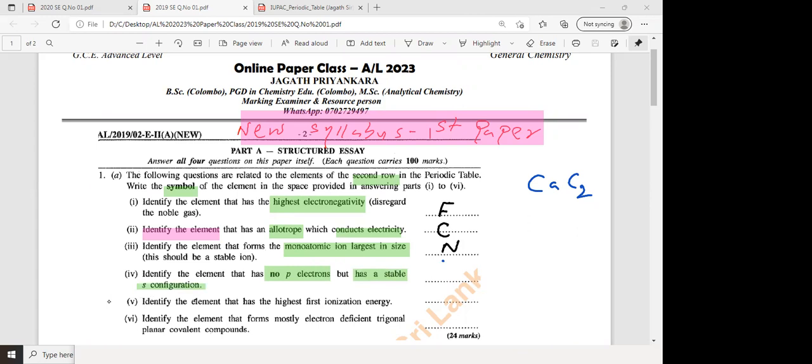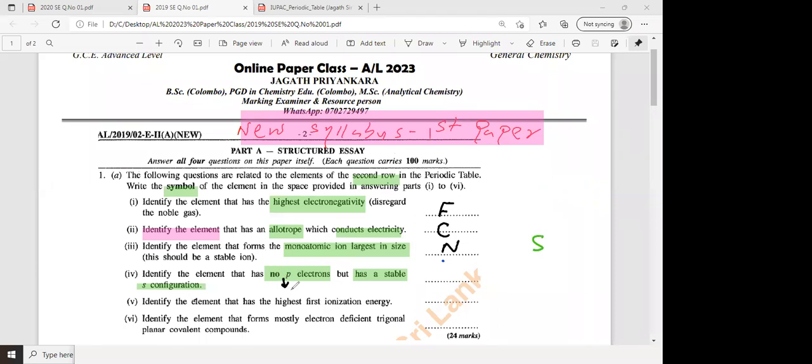Very good. Group 1, okay. No p electrons means definitely it should belong to the s block.